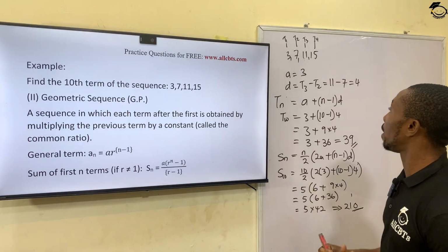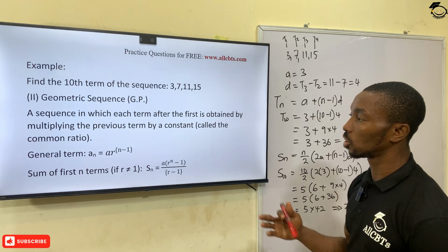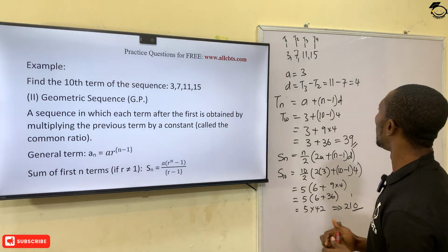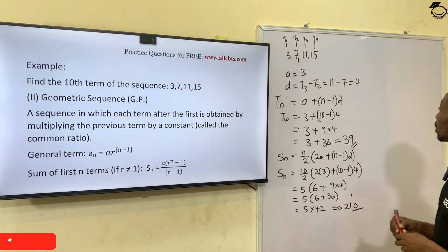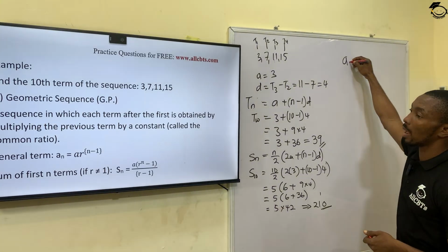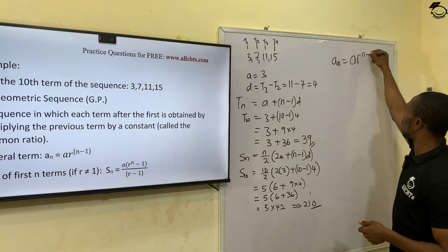Earlier on, we looked at how to find a common ratio as T2 divided by T1.